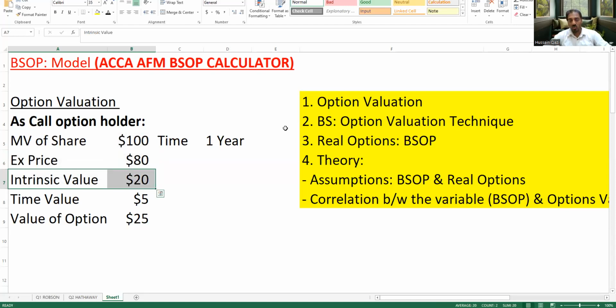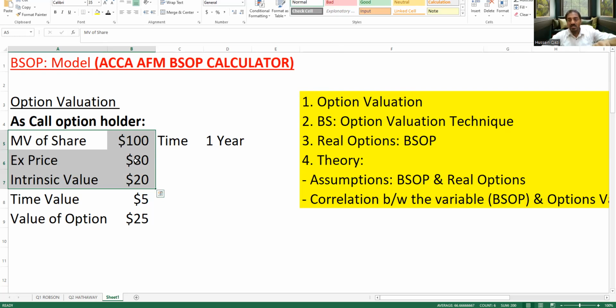I have a question for you: if I say that the share price will increase over the 1 year, and the exercise price will be constant, and the share price is expected to increase in 1 year, is it valuable to sell this option right now for 20? Yes or no?